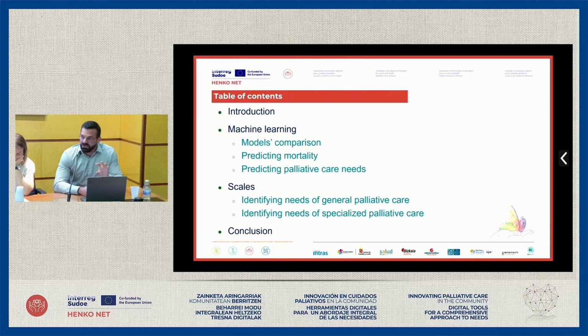And after, I will give you an example about a specific algorithm for palliative care needs. And then we will move on to different scales existing to identify needs of palliative care. First, general palliative care needs, and after, more specialized palliative care. So let's go.